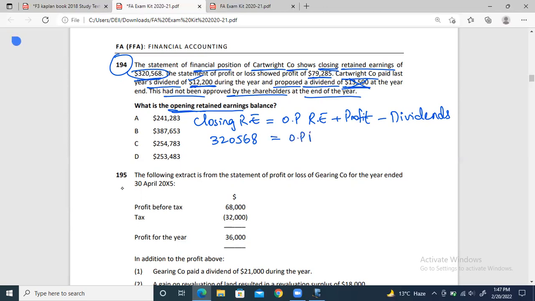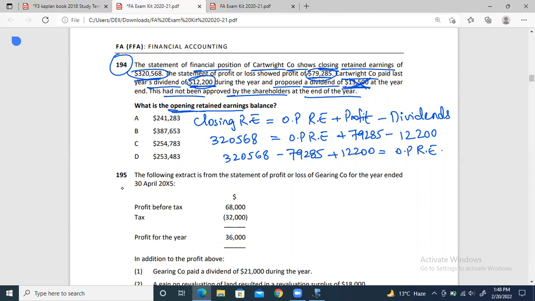Opening retained earnings we are calculating, right? How much is the profit? 79285 plus 79285, and minus the dividends. Only which dividend will we include? 12,200. Not this 13,500, because these are the proposed ones. We have to ignore them simply. So 12,200 only. Now what we'll do is 320,568 minus 79285. We are just taking these values to the other side of the sign, and plus 12,200. This will be equal to opening retained earnings. This is just simple maths, right?